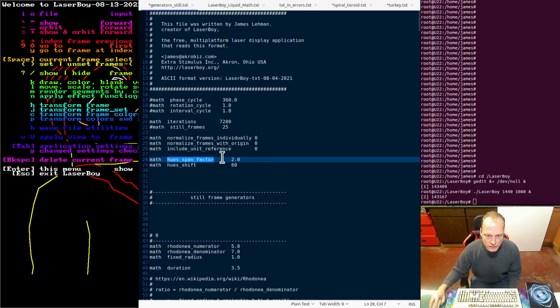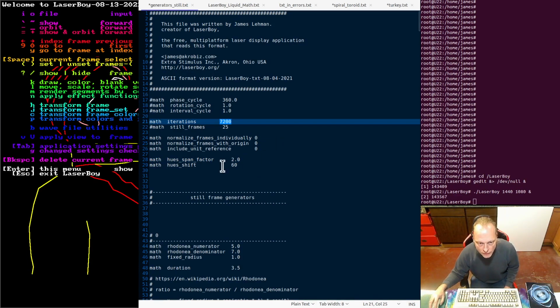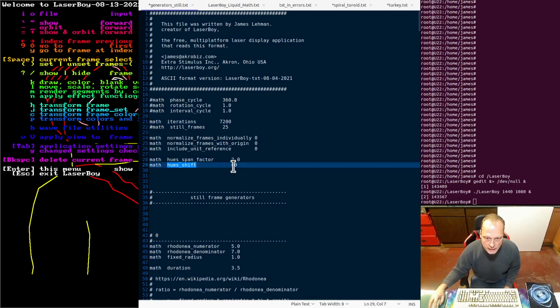And we talked about hue span factor. That means how many cycles of the palette of hues you're going to use to go through the entire set of 7,200 iterations in the frame. And hue shift is for each frame in a frame set, the next frame jumps that far forward into the palette.